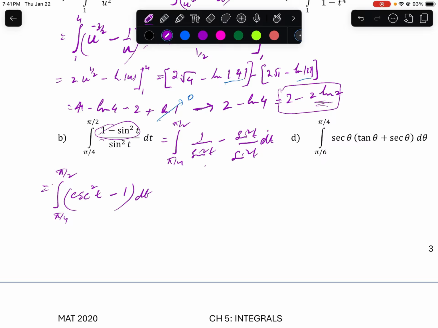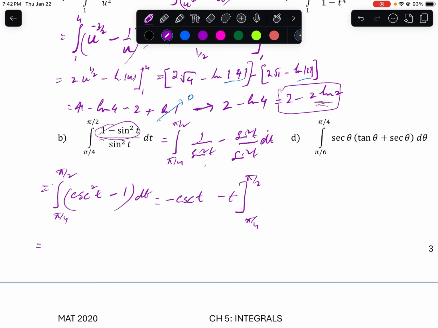Now it became simpler. So we can now say this is equal to the integral of cosecant square t, which is negative cosecant t. And the negative 1 will be negative t. And then the limits are from pi over 4 to pi over 2. So now I plug in the limits, first the upper limit and then minus the lower limit.